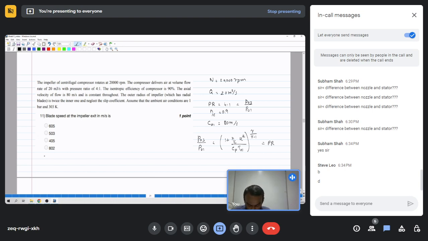So T01 is equal to T1 plus C1 square by 2 Cp. So T1 is 303 Kelvin plus C1 square, 80 square, by 2 into 1005. So what is T01?